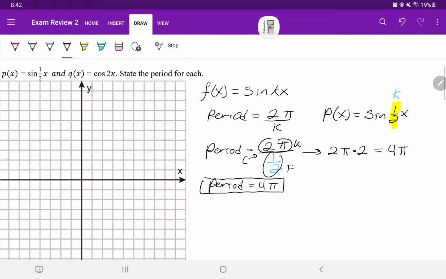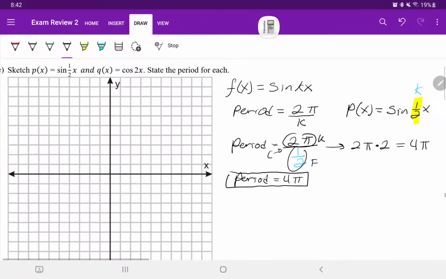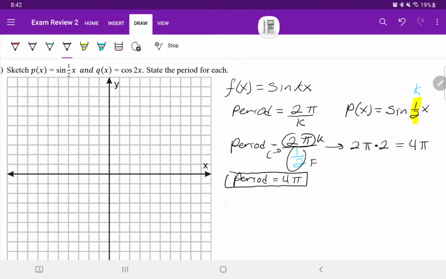Now, because your period is different, your grid values are different as well. Your grid values will be stretched out by a factor of 2. But you may not remember from transformations of functions, we have what is called an interval value. The interval value is 1/4 times the period, and we use it to find the distance between every grid point.